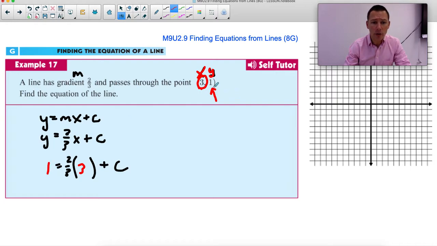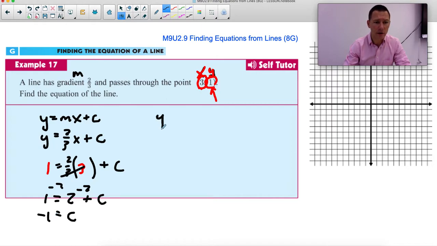I know this point works on the graph, so I know it has to go in and multiply this and get 1. So therefore c is the only thing I don't know, and we can solve for c. So you'd say, oh, 2 divided by 3 times 3, these actually cancel out. So you're left with 1 equals 2 plus c. And then when you solve, you subtract 2, and you get c is negative 1.